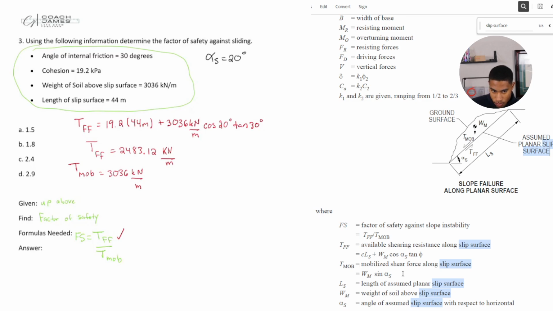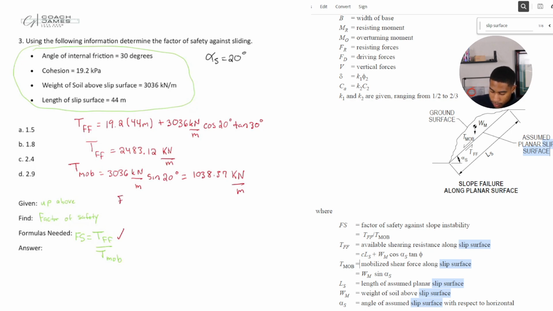And then what else do we need? Oh, times the sine of 20 degrees. So T mob is equal to 1,038.37 kilonewtons per meter.